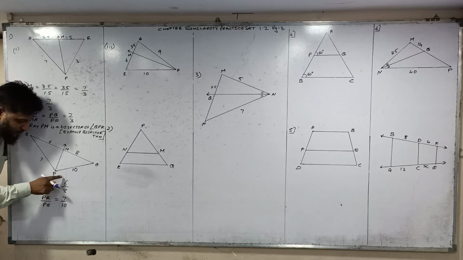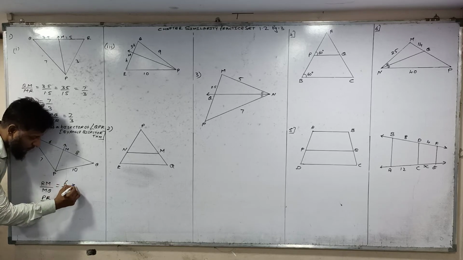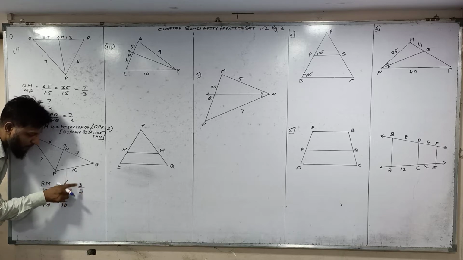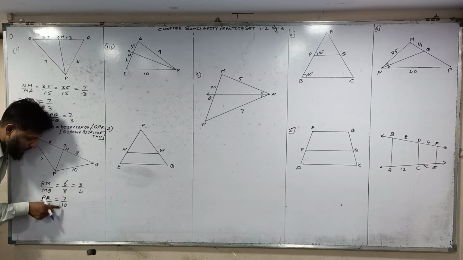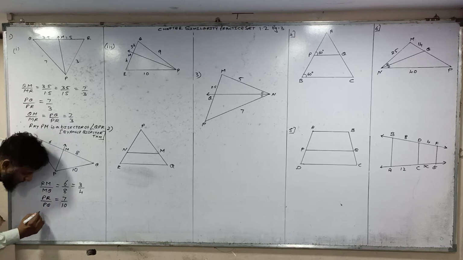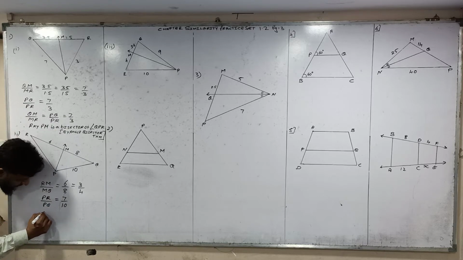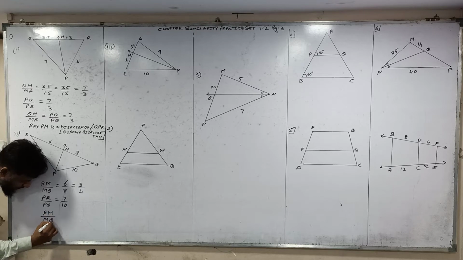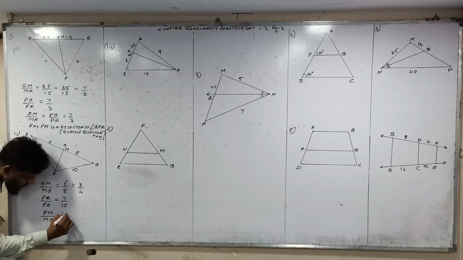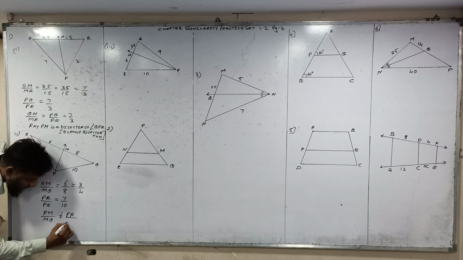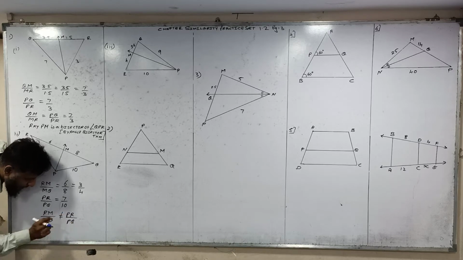After cancellation, 2 threes are 6 and 2 fours are 8. The last proportion is 3 upon 4, and we cannot cancel 7 upon 10. So their proportions are not equal. It means RM upon MQ is not equal to PR upon PQ.